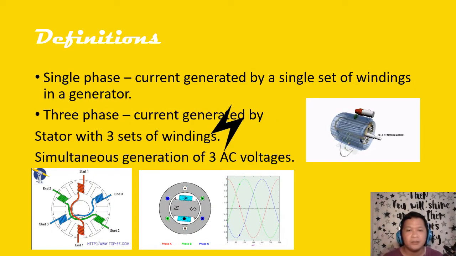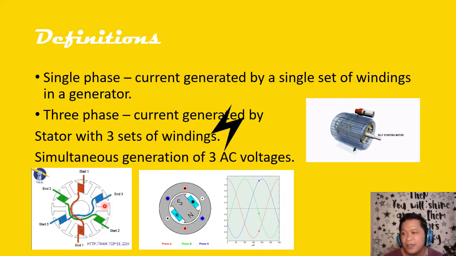Okay, we may also have heard of the terms single phase or three phase. So this simply relates to the number of windings in a generator, no? So as you can see, pag three phase, obviously then meron kang tatlong sets ng windings, as you can see in this example.